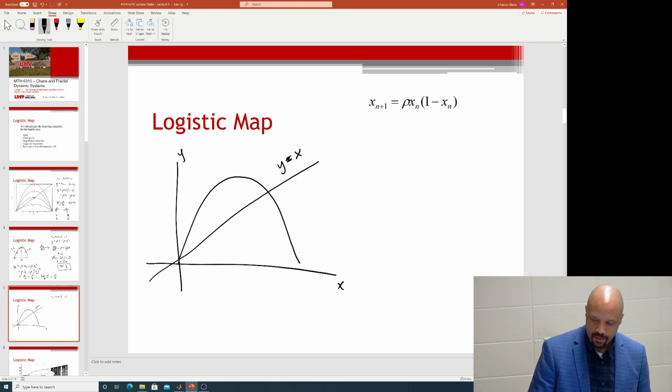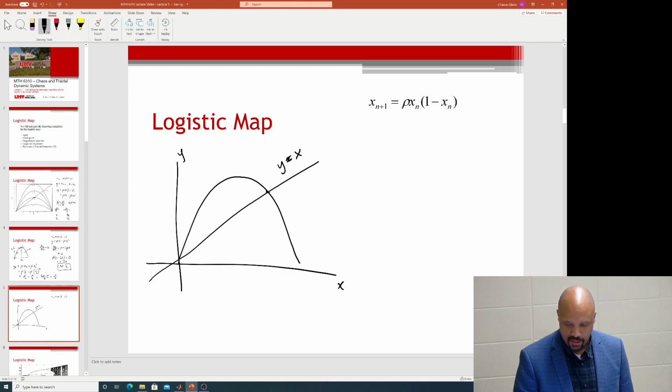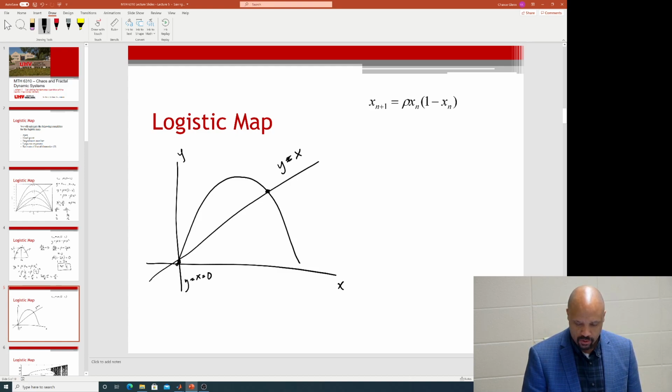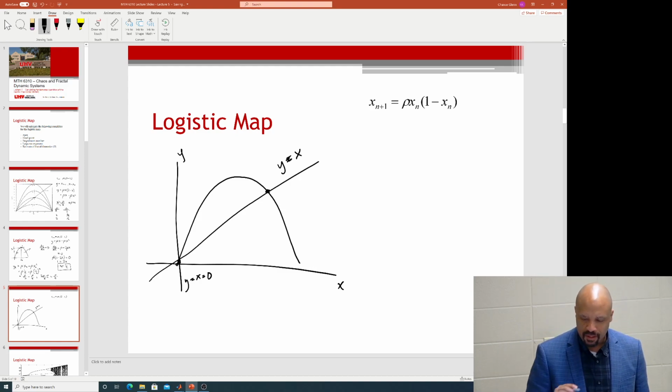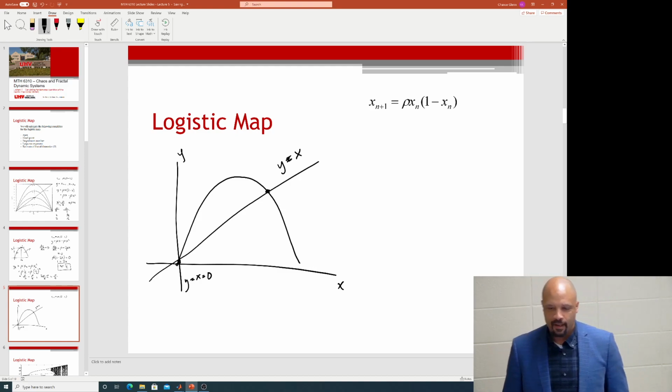This is the y equals x line right here, runs through there. Where does this map intersect? There's this point. This one is trivial. This should be y equals x equals 0. That's a trivial point. But this is the one we're looking for. So how do we find that?